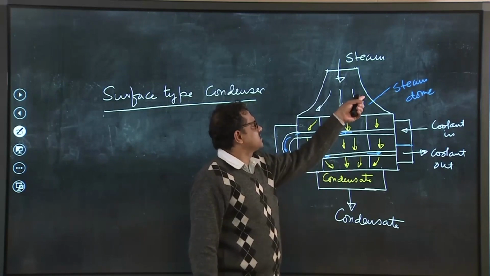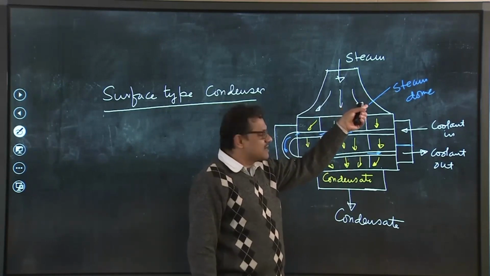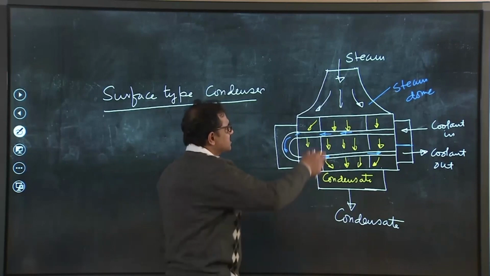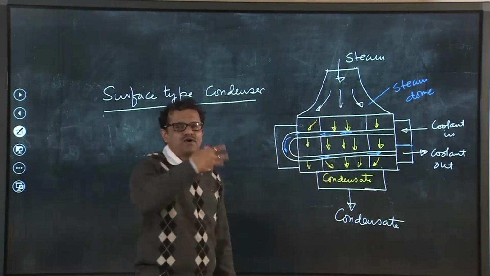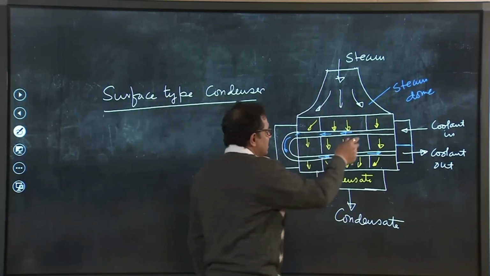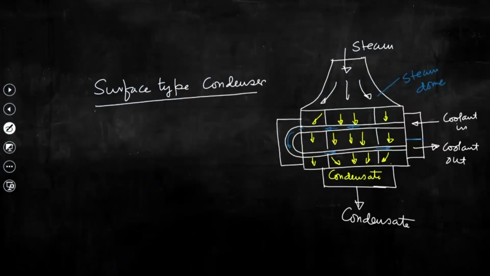If we do not provide this particular shaped part, then steam will have almost non-uniform distribution, and the part of the tube adjacent to the condenser side walls will not be in contact with the steam, and the efficiency of heat exchange or heat transfer will be reduced.